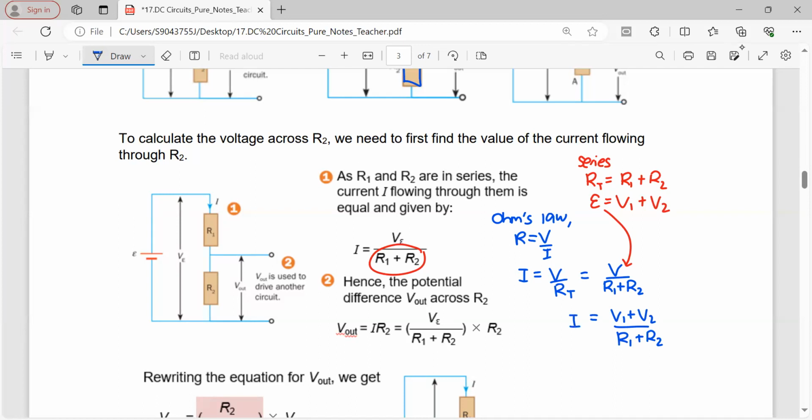Since the current in a series circuit is always constant, it's going to be the same throughout. Look here, I is going to be the same.